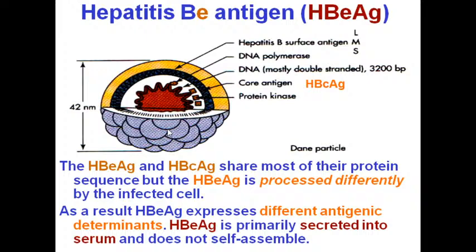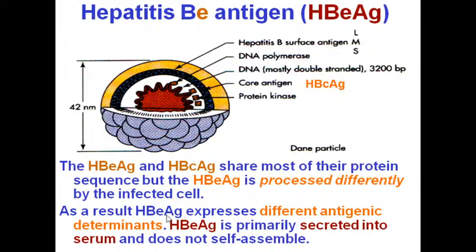we also may have the hepatitis B E antigen. It shares most protein or amino acid sequences with hepatitis B core antigen, but hepatitis B E antigen is processed differently. It doesn't stay in the infected cell.